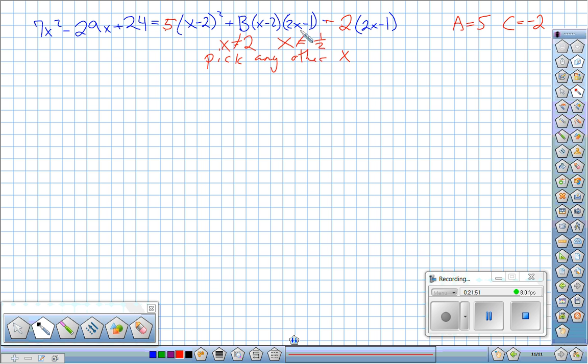If you can pick 0, great; if not, you could pick 1 and go through more work. I will just show it to you with 1 because that will be more likely what's going to happen for the rest of your answers.